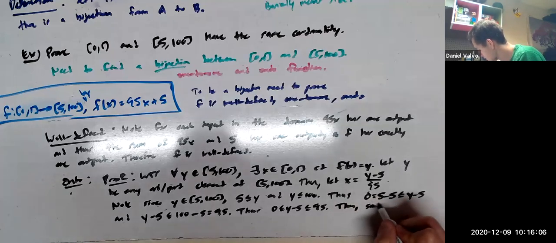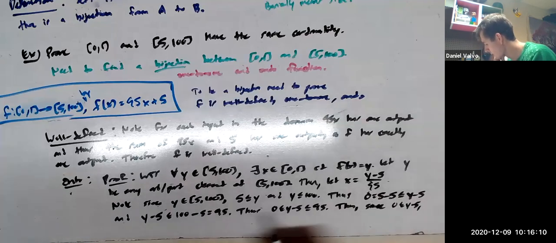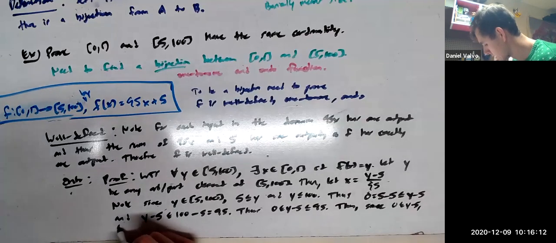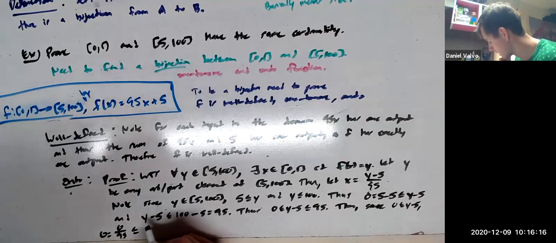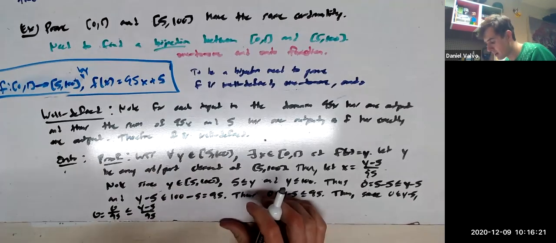Then, since 0 is less than or equal to y minus 5, we have that 0 over 95, which equals 0, is less than or equal to y minus 5 over 95 by dividing both sides by 95.